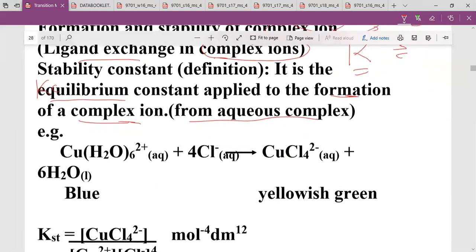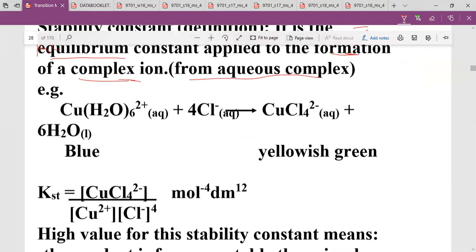For example, here. Now, I will go through this more with you for copper chemistry later. It's hard to jump here and there, so I go according to the syllabus. Now this is your blue copper sulfate solution or copper chloride solution. Now this is, of course, the ion. This is the copper hexaaqua.